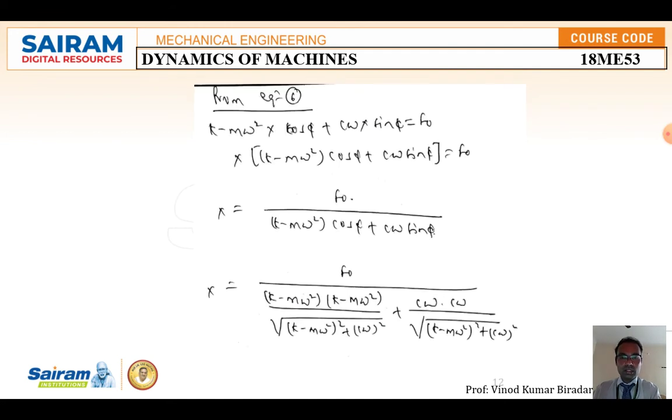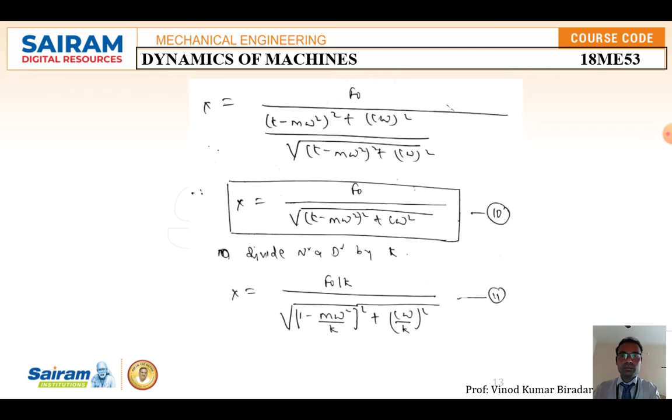Again in the denominator, this is common. If you take this common, x is equal to f naught whole divided by the square root of (k minus m omega square) whole square plus (c omega) whole square. So from this, x is equal to f naught by, this one is going to get cancelled, so remaining is square root of (k minus m omega square) whole square plus (c omega) square.